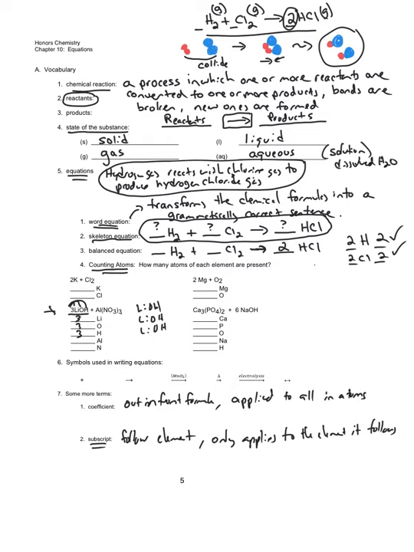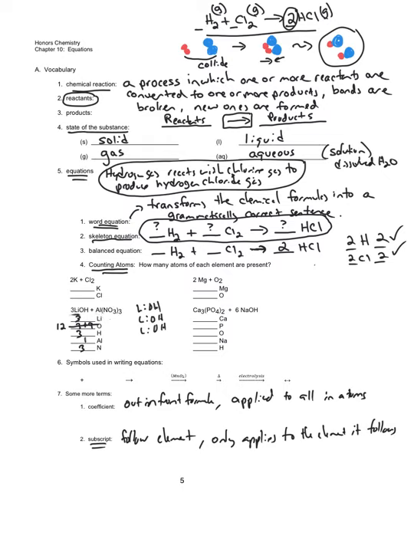So 3 times 1 nitrogen is 3 nitrogens. 3 times 3 oxygens is 9 oxygens. So we have 9 more oxygens coming from the second substance, 3 coming from the first, so 3 plus 9 adds up to a total of 12 oxygens, and there is no coefficient out in front. Okay, the 3 does not apply to the aluminum because it's not inside the parentheses, and so there is just 1 aluminum.